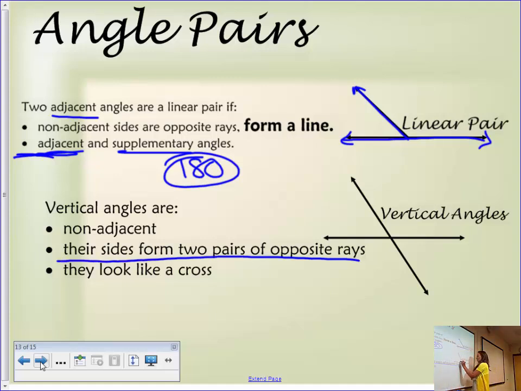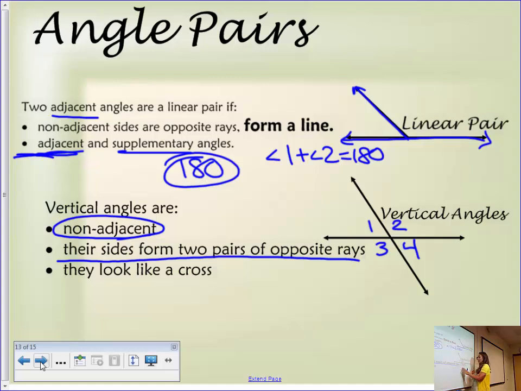I'm just going to put numbers within the angles so I can show you what they look like on the actual diagram. We know 1 and 2 are a linear pair from this diagram. We do have linear pairs in the diagram, and you can find other linear pairs within here. Angle 2 plus angle 4 equals 180.